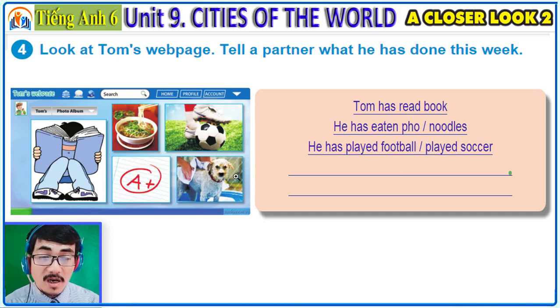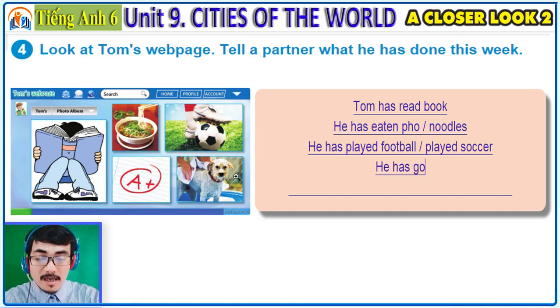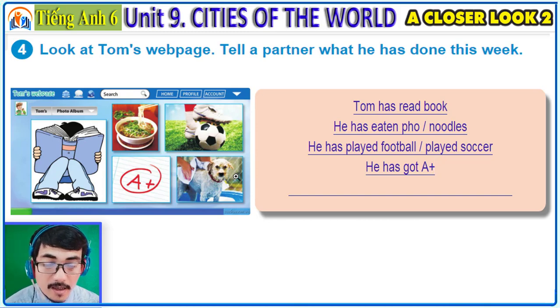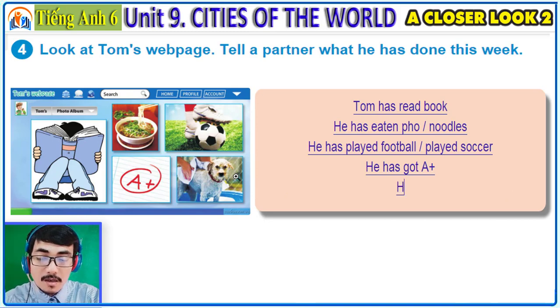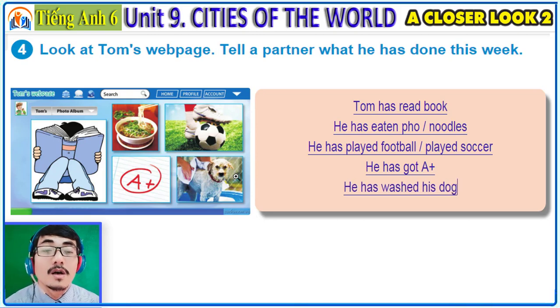In here we have he has got a plot. Okay, he's got a plot. Good mark. Here he has washed his dog. Alright, so you can use these sentences to tell your partner. Okay, practice speaking with your partner.